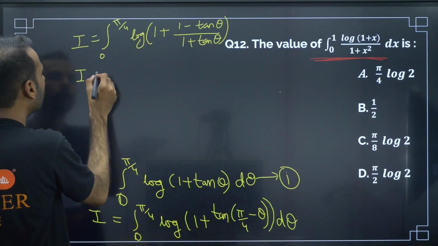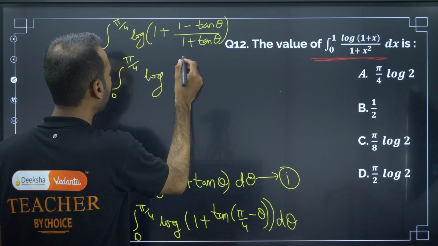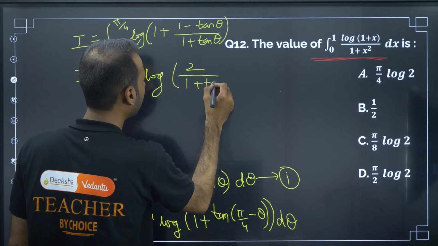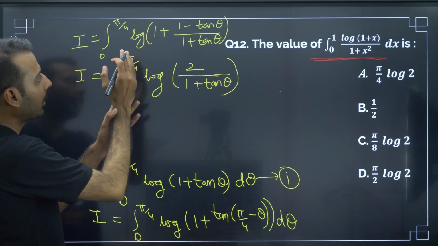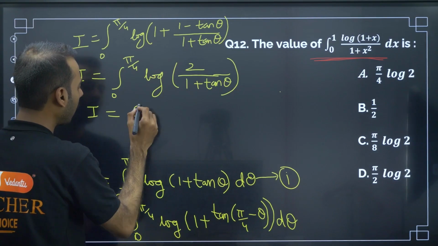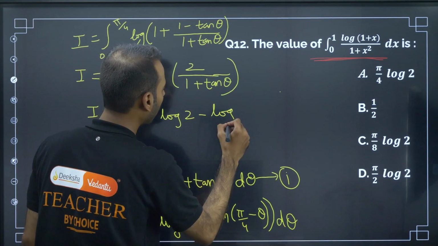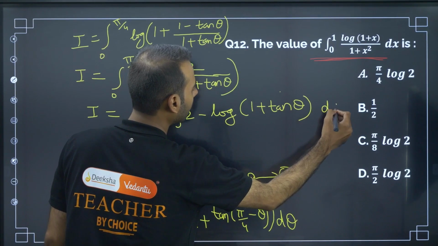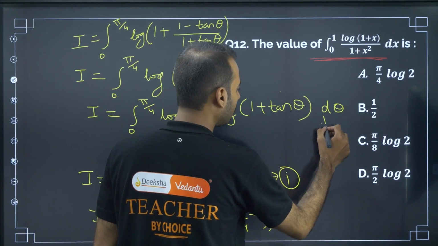So I is equal to 0 to pi by 4, log of 1 plus (1 minus tan theta) by (1 plus tan theta). Just taking the LCM, 1 plus tan theta plus 1 minus tan theta, 2 by 1 plus tan theta. So I is equal to 0 to pi by 4, log 2 minus log of 1 plus tan theta, d theta. Let me mark this as equation 2.